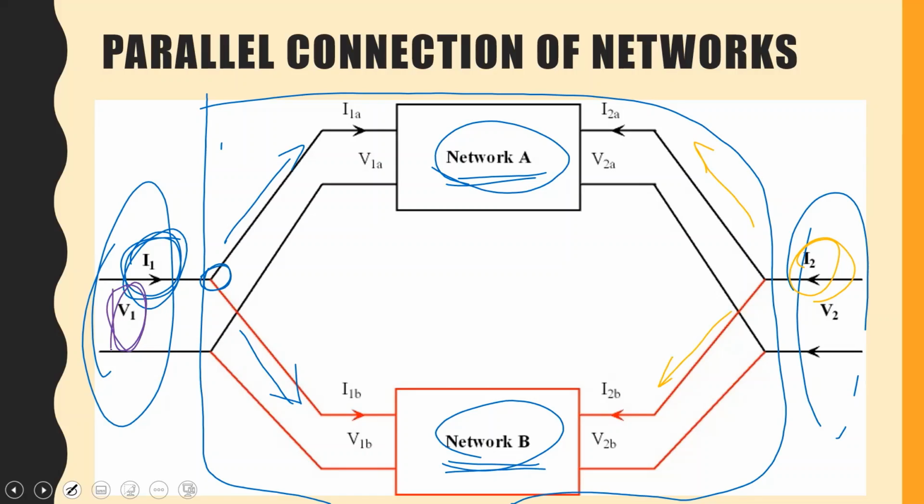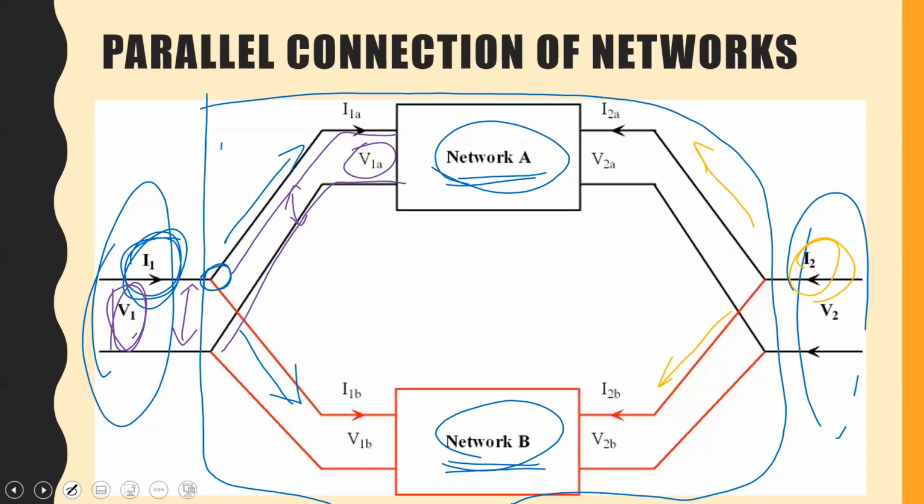Now, if you look at the voltages, here you have V1. Now, V1, as we know, is the voltage, the difference in potential between two points. So V1 is the voltage across those two terminals. And the terminals continue, so we'd have the same potential across that. So in other words, V1 is equal to V1A.